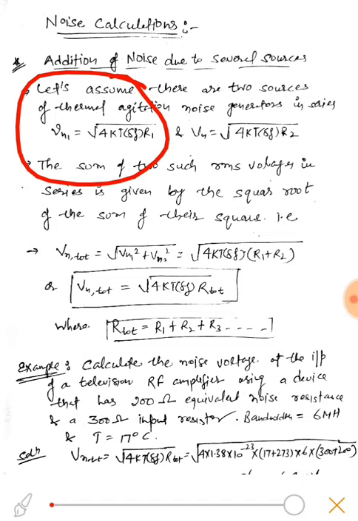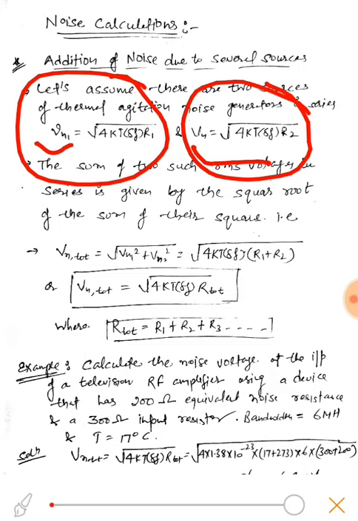So if we have two sources R1 and R2, then the noise voltage because of these sources can be written as Vn1 and Vn2. Vn1 is the noise voltage due to resistance R1 and Vn2 is the noise voltage due to resistance R2.